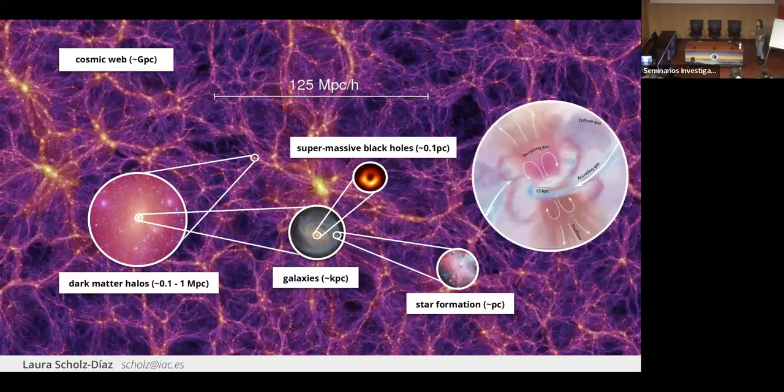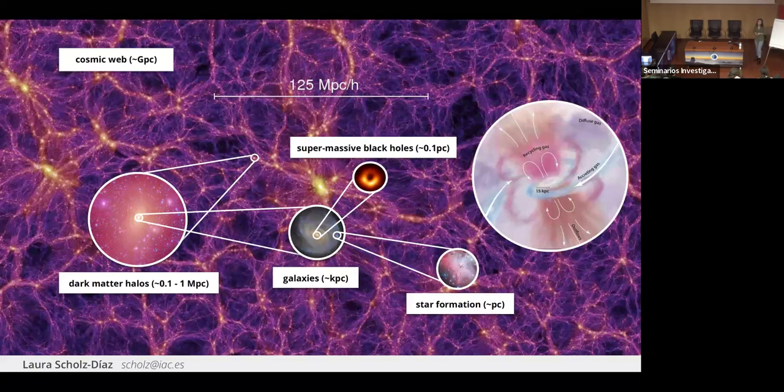So in a simplistic way, when cool gas is able to fall in these dark matter halos and is able to cool down, it can lead to star formation that happens in parsec scales. In the centers of these galaxies, there are supermassive black holes that inject vast amounts of energies into the galaxies and can affect their properties. And so in general, we need to also have a very good knowledge about baryons in order to understand galaxies.